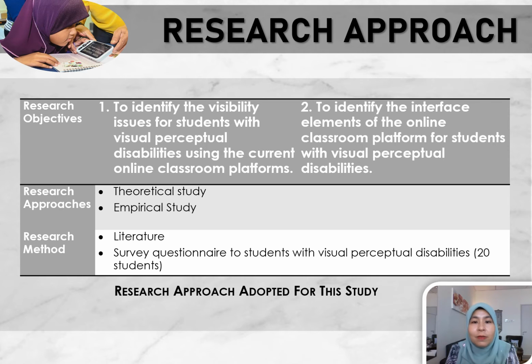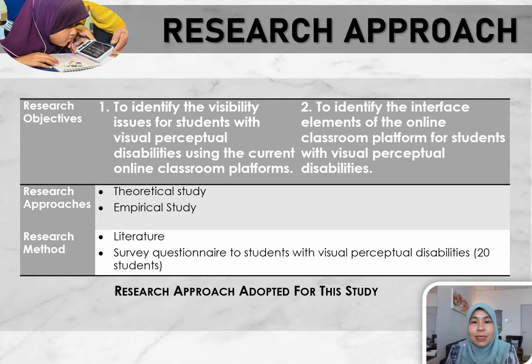The literature review performed in this study is based upon literature related to the study topic. Subsequently, relevant articles were acquired, reference lists were inspected, and additional relevant articles were acquired. A thorough review of the literature yielded descriptions of past studies in online classroom and visual perceptual disabilities.